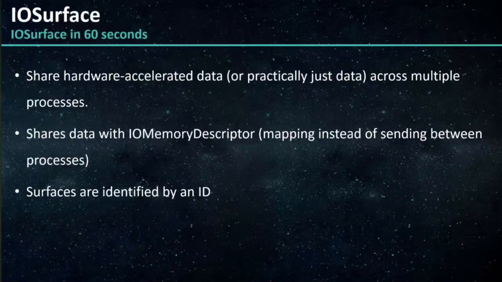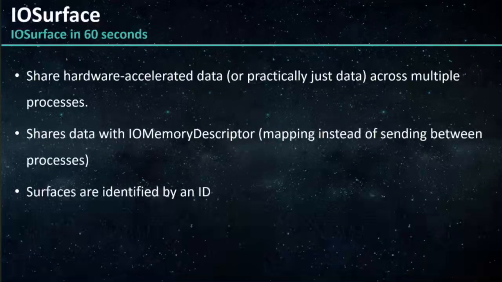So instead of sending gigabytes of information, you can just send an iOS Surface object. The process asks the kernel to map the data that the iOS Surface object handles, and then the kernel just maps the data. So it's just the mapping of the same physical memory, which saves a lot of time, and it's a very convenient way of passing a lot of information.